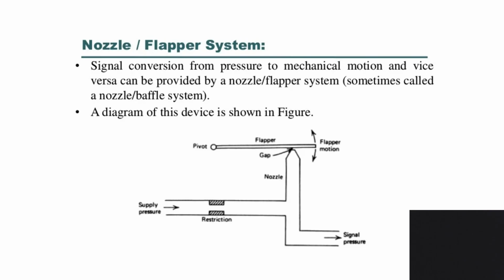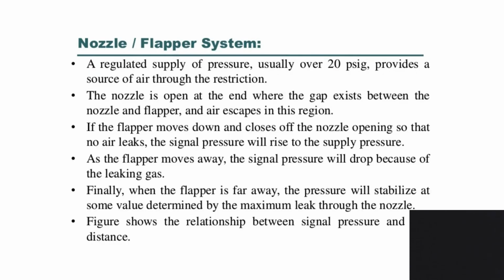The signal conversion from pressure to mechanical motion is provided via the flapper nozzle arrangement. Here a supply pressure of 20 psi is given at the input through a restriction. The nozzle is open at one end where a gap exists between the nozzle and flapper, and air escapes in this region.